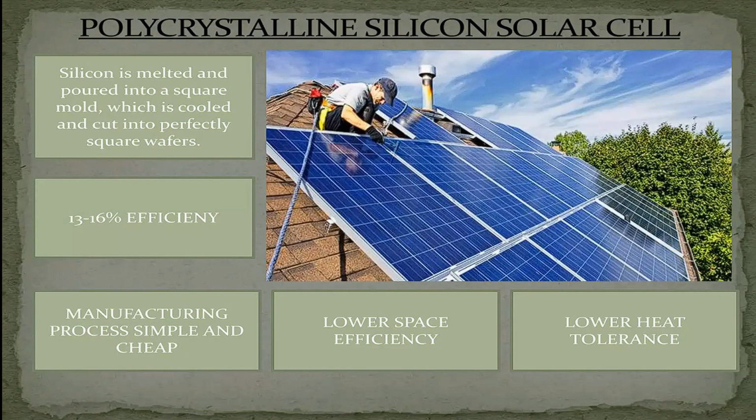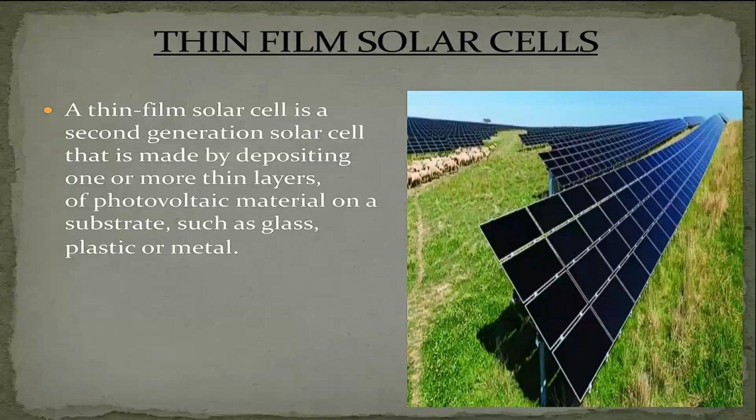This solar cell is 13 to 16% efficient. The manufacturing process is very simple and cheap, as you just have to melt the silicon, pour it into a square mold, and cut it into square wafers. They have lower efficiency, as they take more space, so they are less space efficient. They also have low heat tolerance.